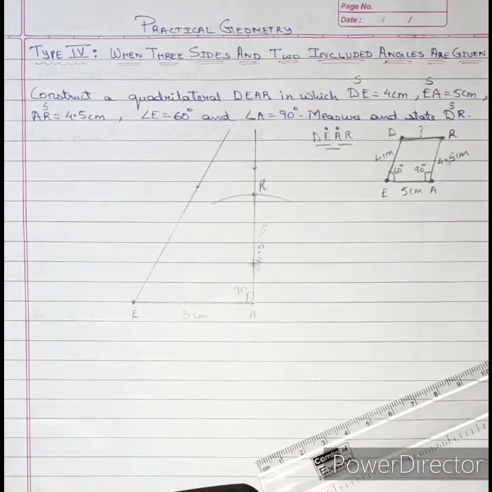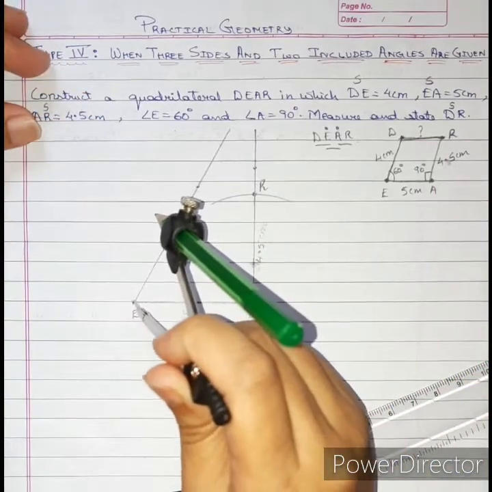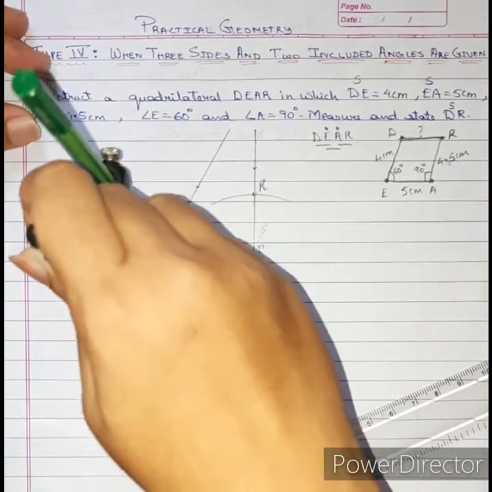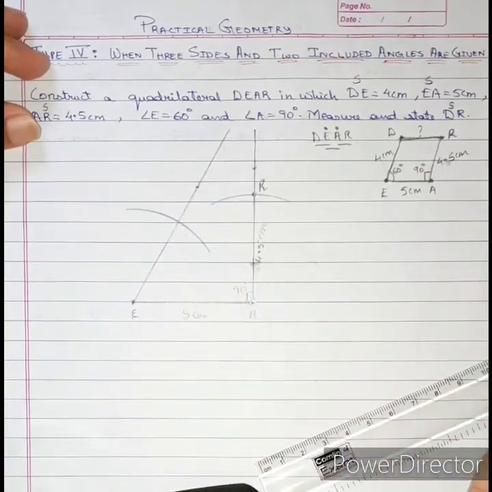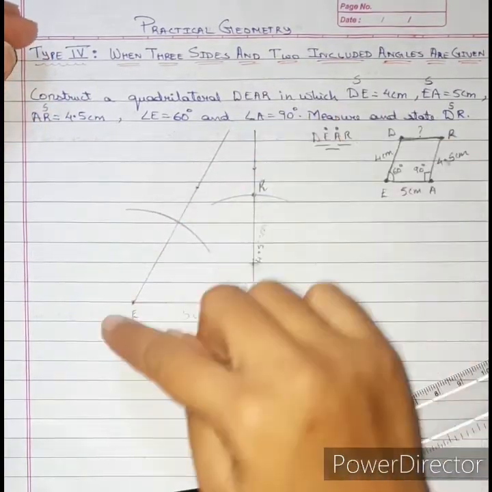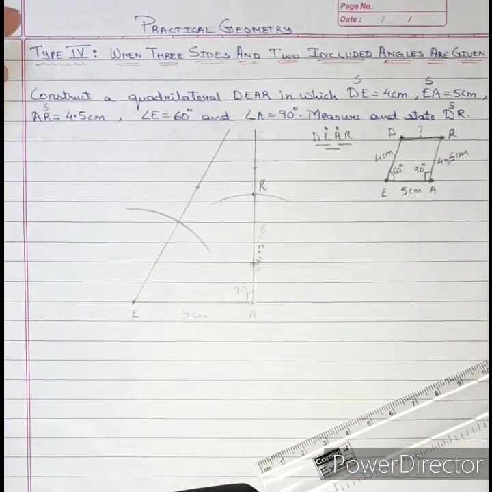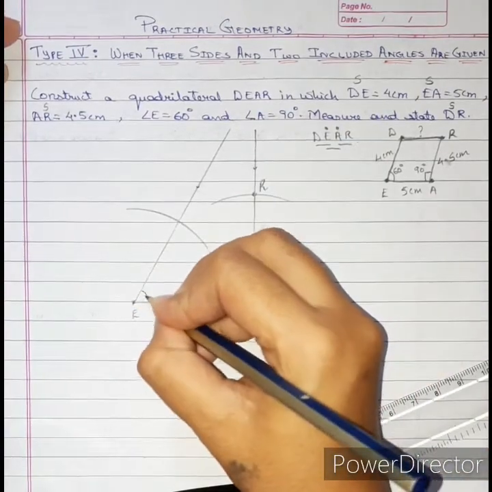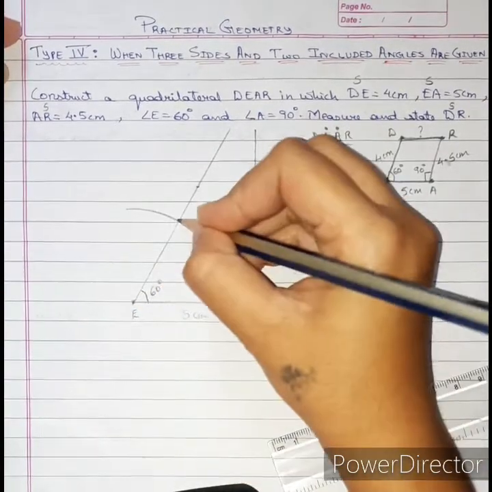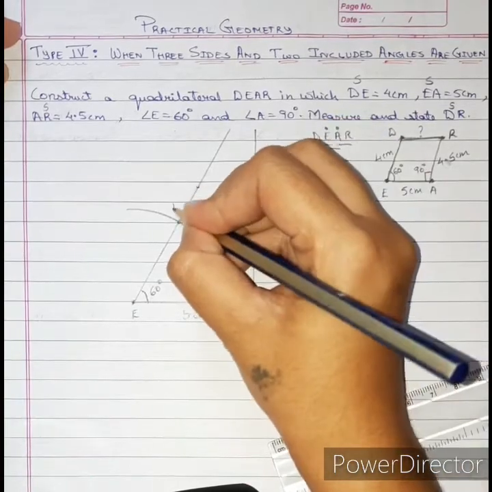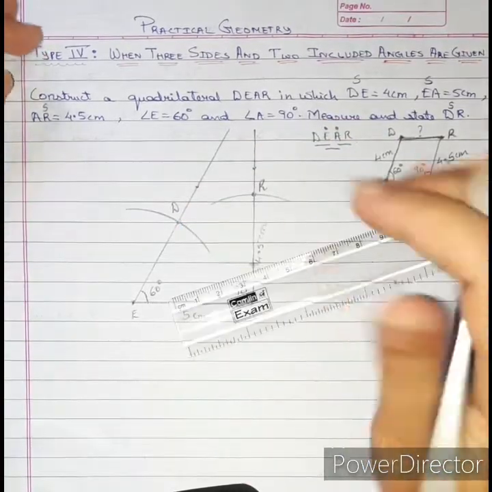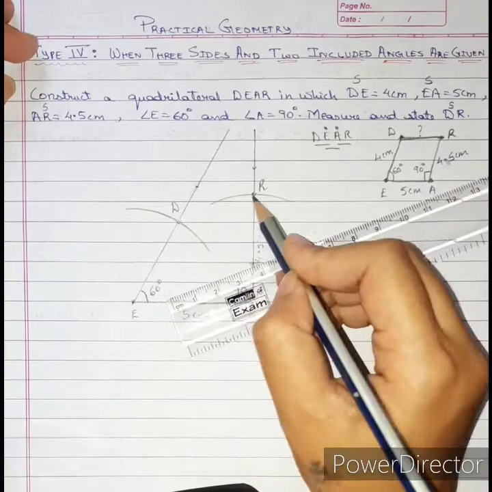From point E as the center, I will cut the arc here on the angle line of 60 degree. Let me mark the angle also, and this point will be point D. Now join this D point with the R.